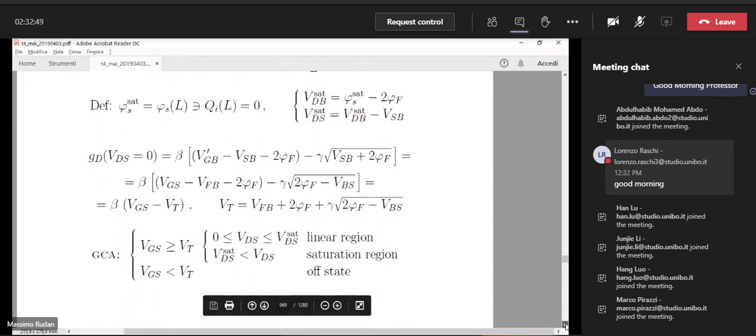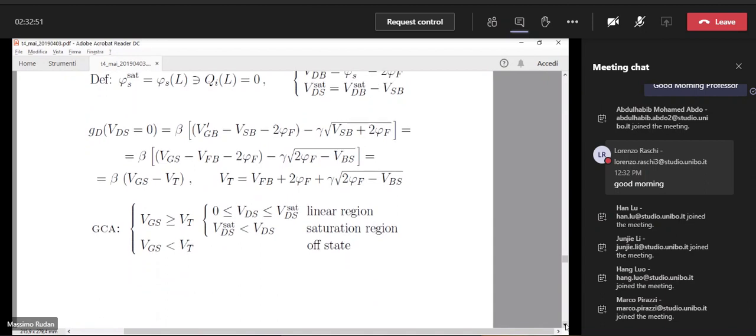What happens next? Now we remember that VG prime is equal to VG minus V flat band. Specifically, VGB prime, that is the gate to bulk voltage with a prime, is equal to VGB without the prime minus the flat band voltage.